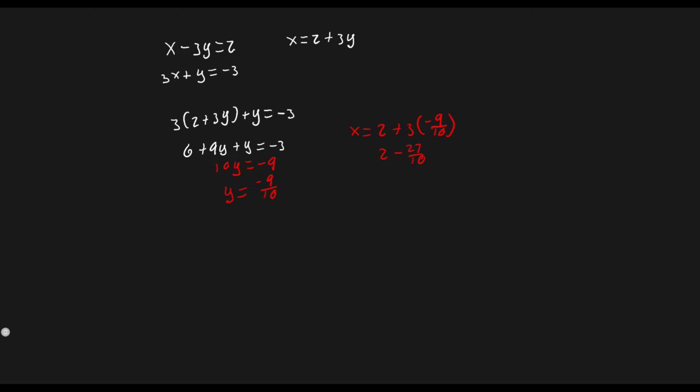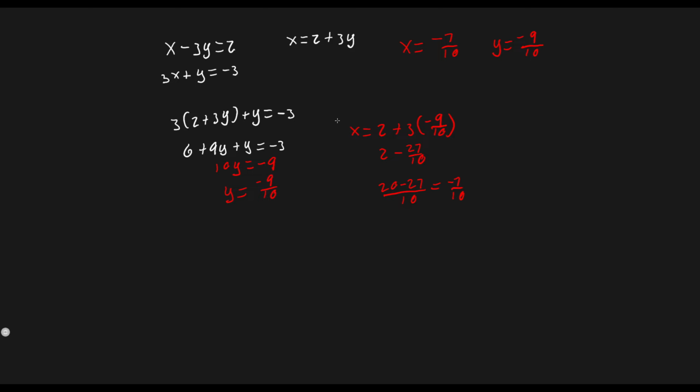And we just have to get the same denominator. We will get 20 minus 27 over 10, which is the same thing as negative 7 divided by 10. So we have x is equal to negative 7 divided by 10, and y is equal to negative 9 divided by 10.